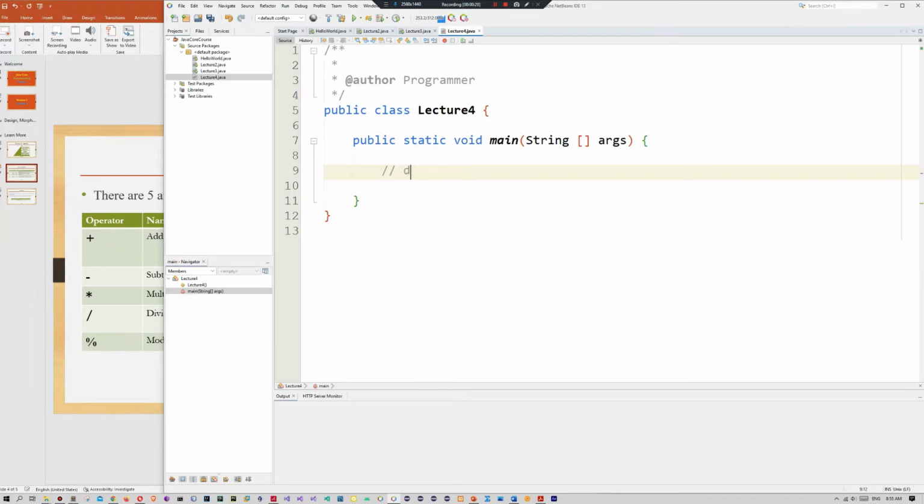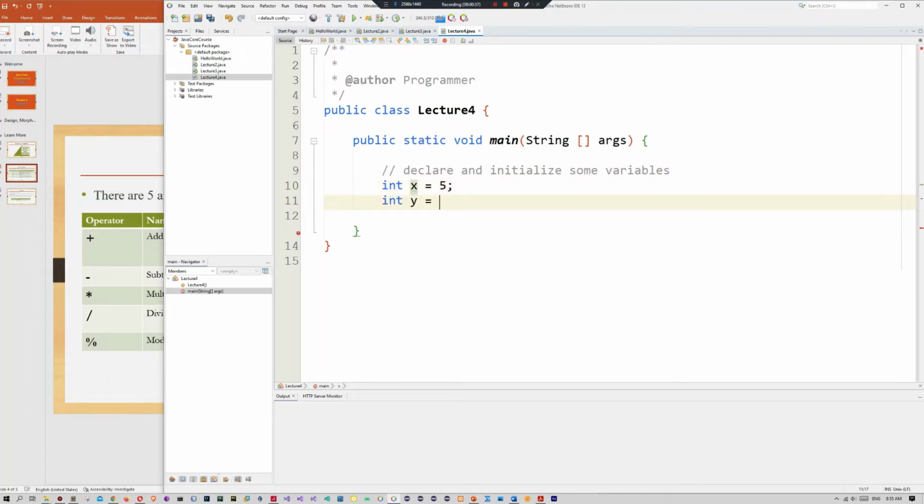Let's declare and initialize some variables. Let's say int x is equal to 5, int y is equal to 3, and int z is equal to, let's say, 12.